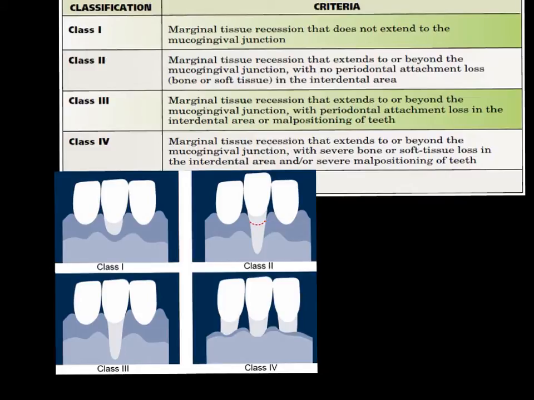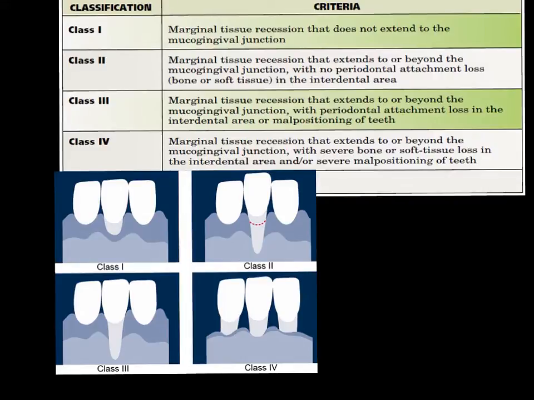In Class 3, as we see here, the marginal tissue recession extends beyond the mucogingival junction, with periodontal attachment loss in the interdental area or malpositioning of the teeth. We have loss in the interdental area of the bone and soft tissue here in Class 3.